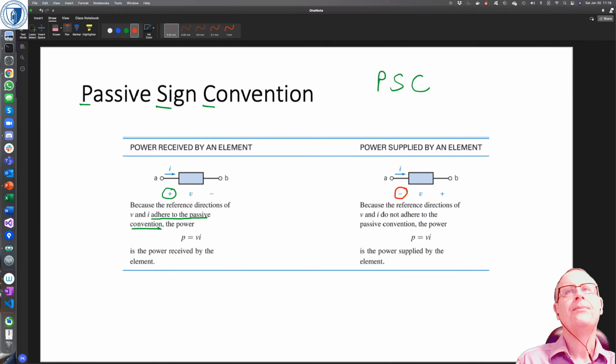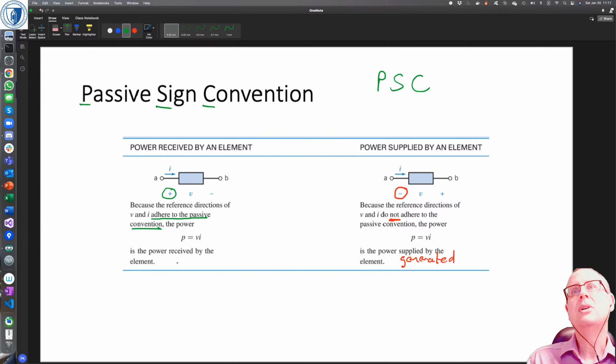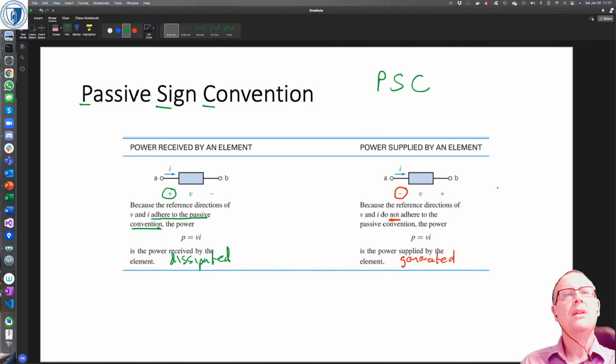And now the power P equals VI is the power supplied by the element, or the power generated by the element. So the other one was received or dissipated, and if it doesn't adhere, then it's supplied or generated.